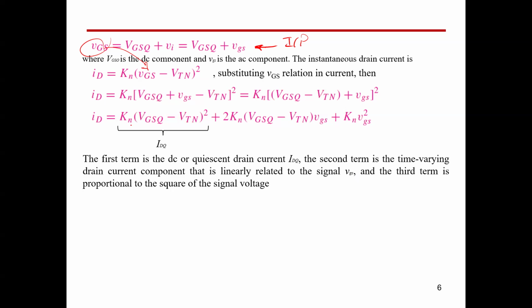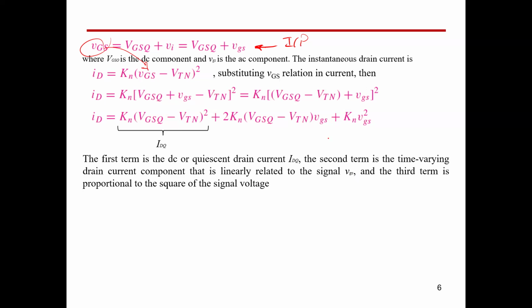It's Kn times (VGSQ minus VTN) squared, plus 2 times first and times second, so 2 times Kn times (VGSQ minus VTN) times vgs, plus the last squared, so Kn times vgs squared.